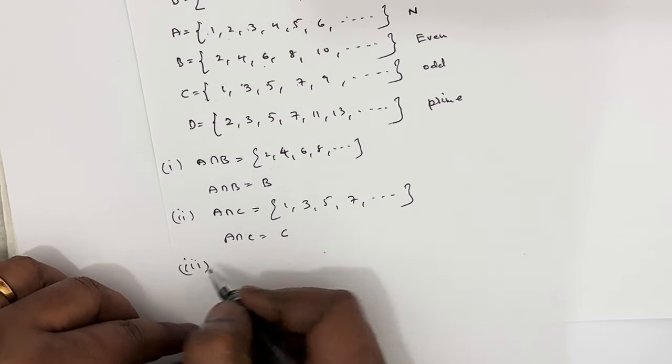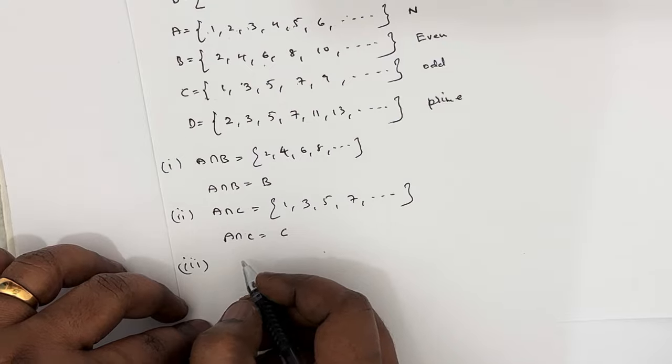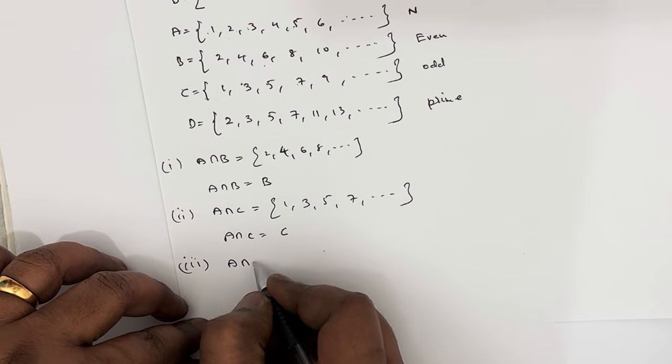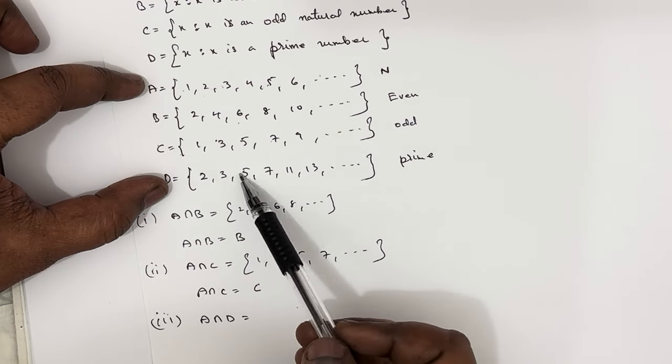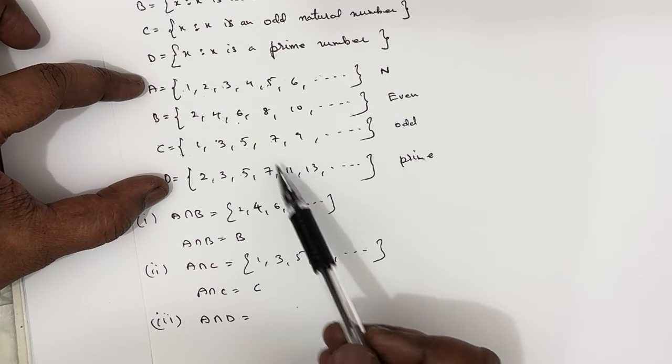So third one will be a intersection d. Here it's prime numbers and here it's natural numbers.